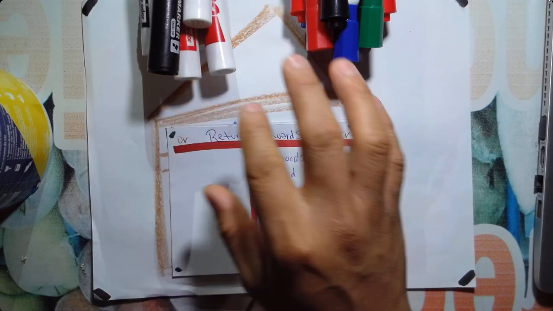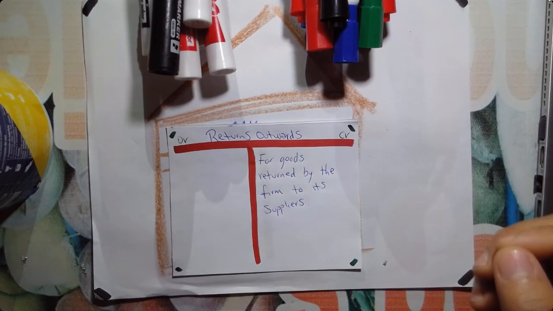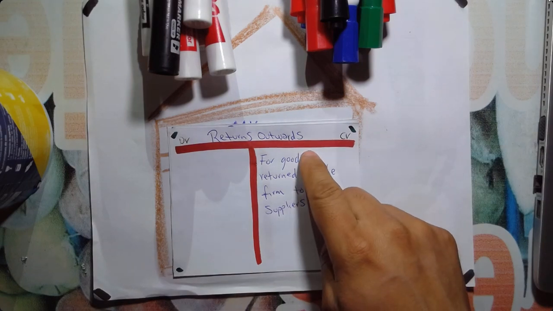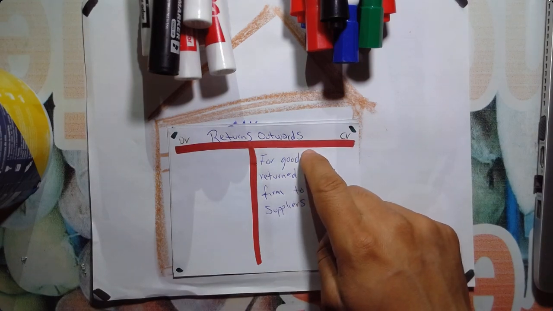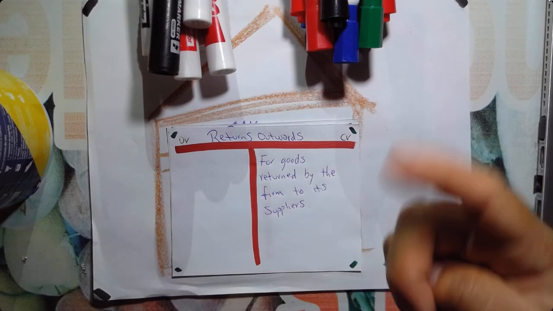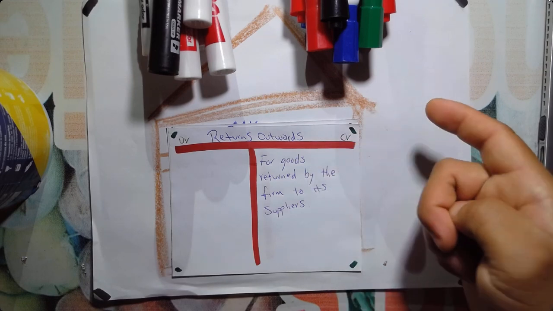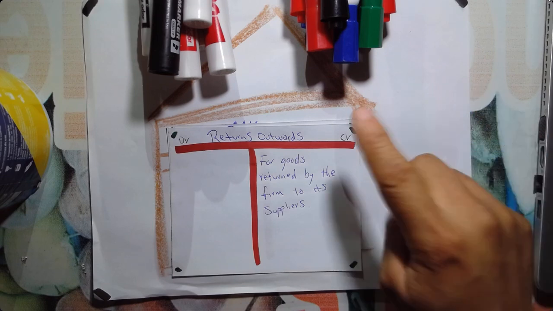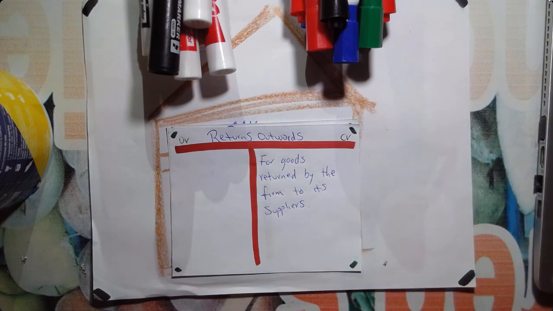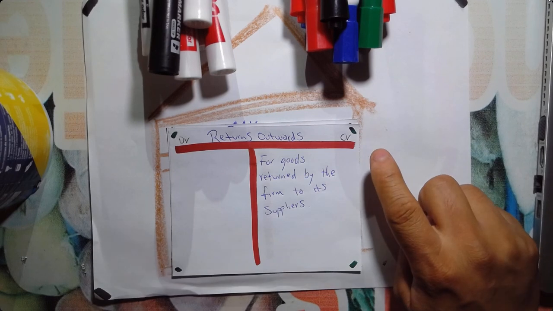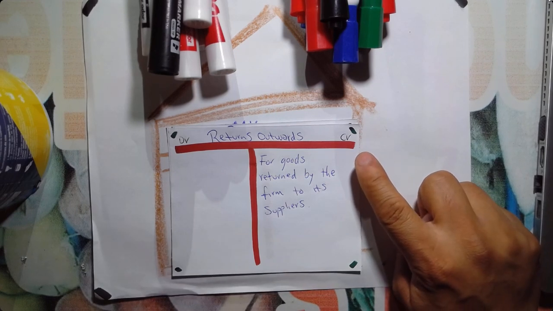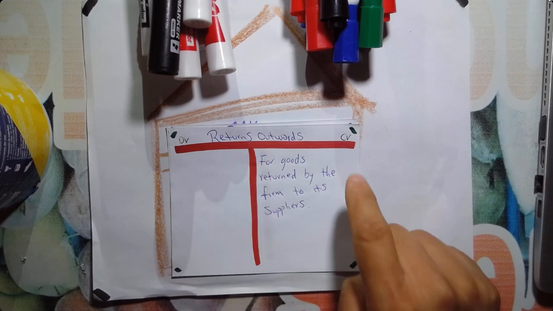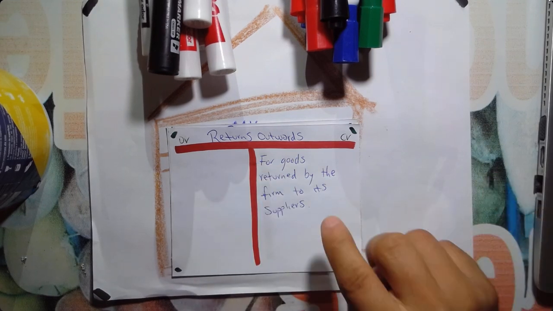So what is the effect on inventory? Keep in mind, inventory is an asset, similar to purchases. If I have less inventory, that means I want to decrease my inventory, and I decrease an asset account by doing an entry on the credit side. So once we use the return outwards, we need to record the transaction on the credit side.